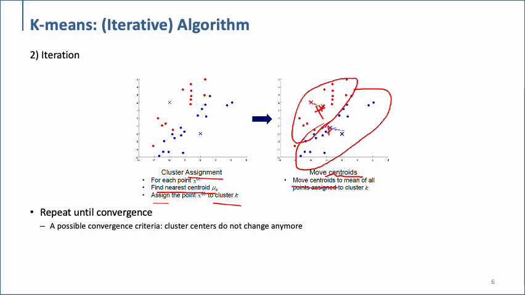So we move the centroid to the mean of all points assigned to cluster K. This is the updating step. This step should be repeated until convergence. A possible convergence criterion is that the cluster centers do not change anymore. After convergence, or after some iteration steps, the algorithm stops. By doing so, we can find proper centroids. So that's it.